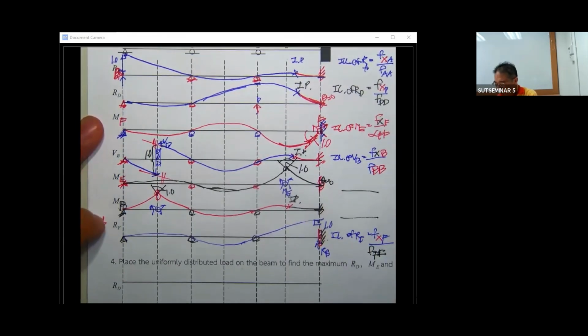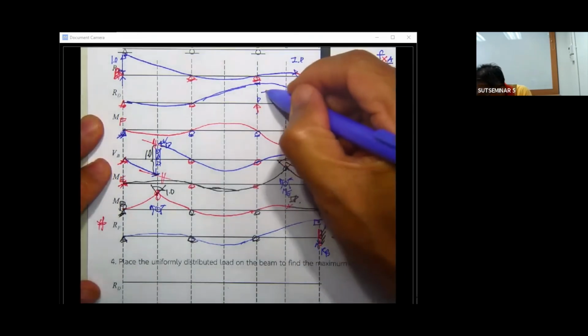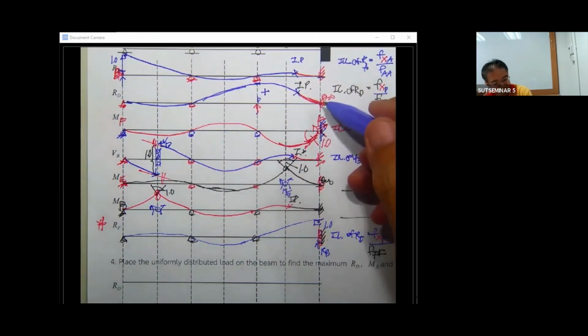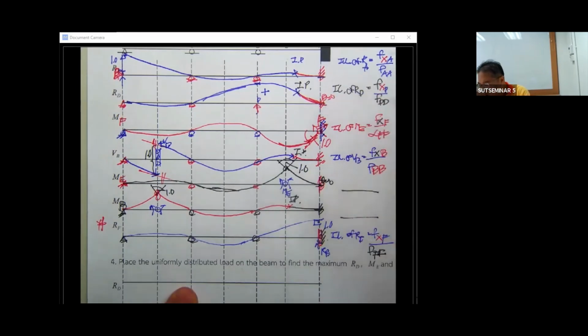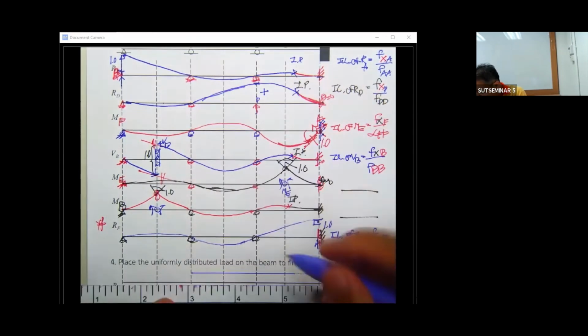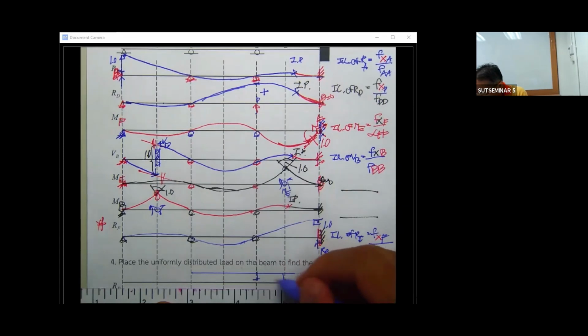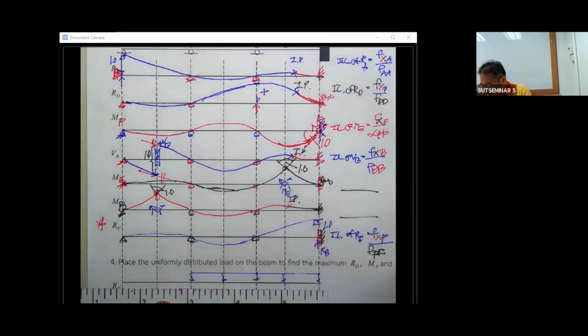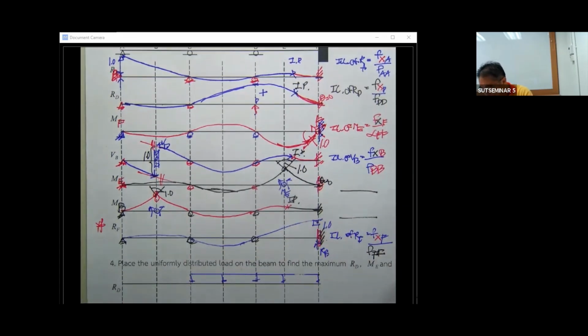Then the R sub D. R sub D has, this is the big portion, right? So the positive is bigger than the negative. Negative is here. So it's very simple to put the uniformly distributed live load to R sub D.